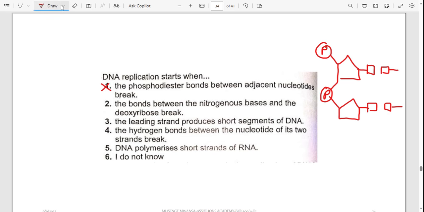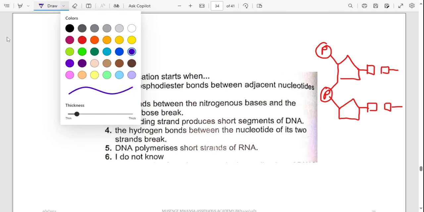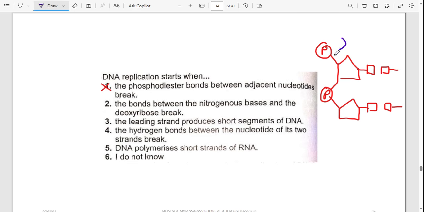So what are the bonds you can see here? This bond between a phosphate and a pentose sugar, this is a pentose sugar, this is a base. This is known as a phosphate ester bond.